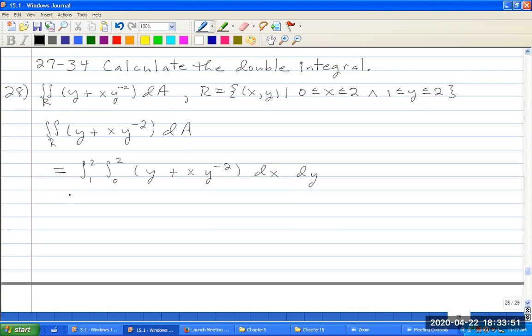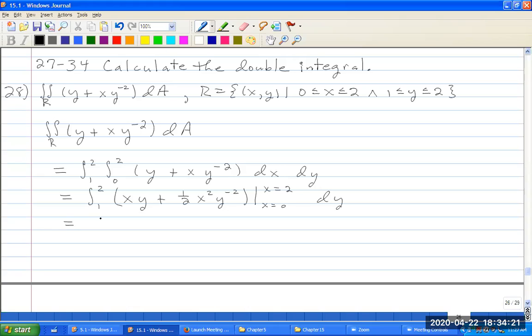So first, let's integrate with respect to x. The integral of a constant is just that constant times x. The integral of x is 1/2 x squared. And we're integrating between x equals 0 and x equals 2.